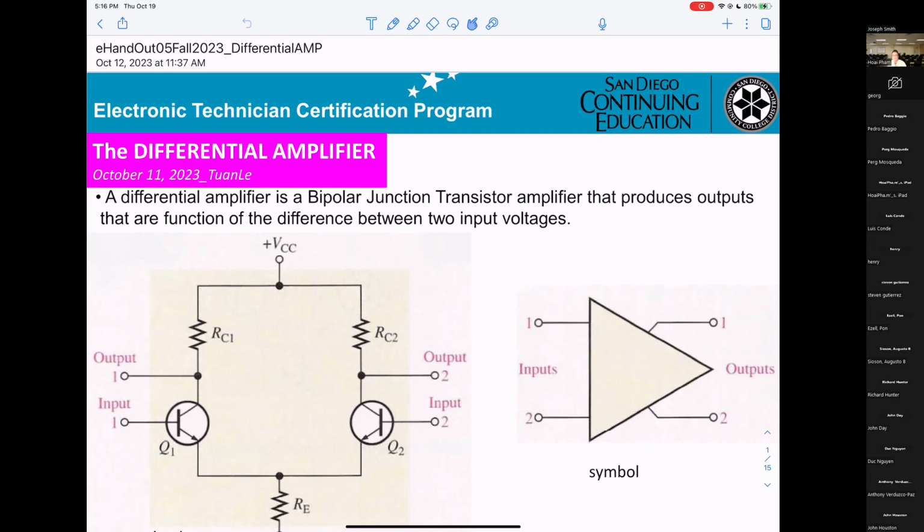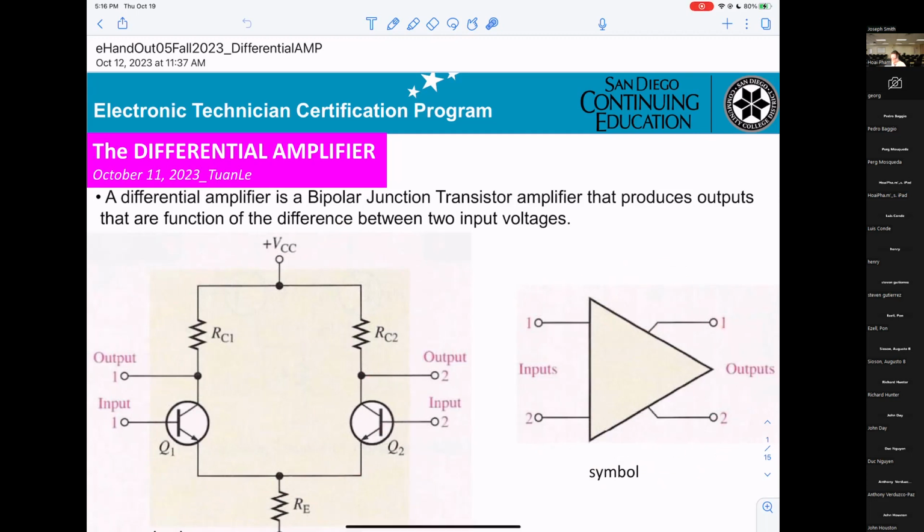Okay, now this is a differential amplifier. This is the symbol here. Okay, they get input 1, input 2, output 1, output 2. And this is the circuitry inside the symbol.